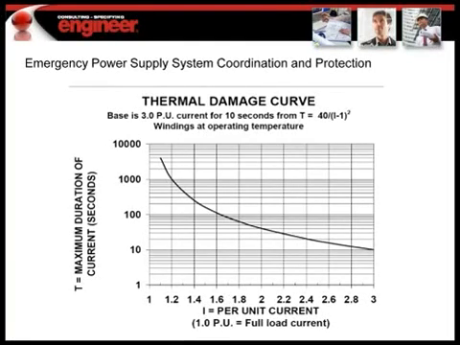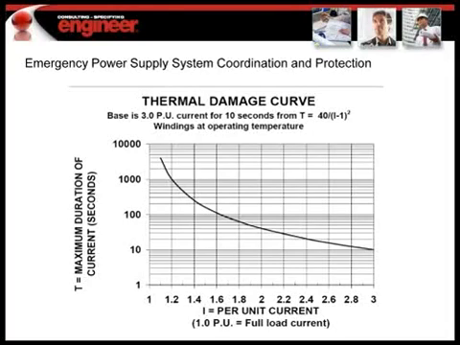Typically they have a damage curve that applies to all alternators of the same frame type. So you might have a 1500 kW and a 1750 kW that have the same exact damage curve. It's just that the full load current changes, so it gives different values.